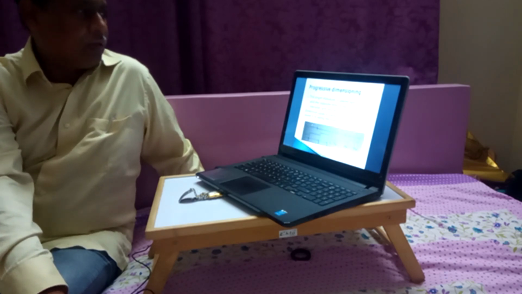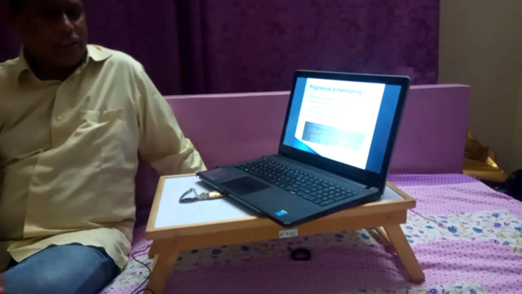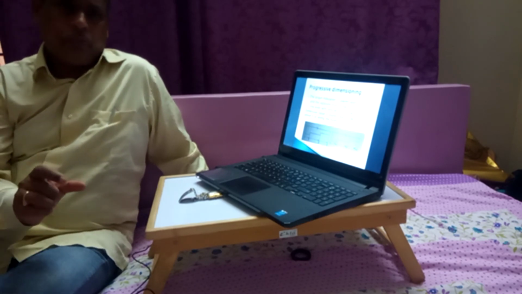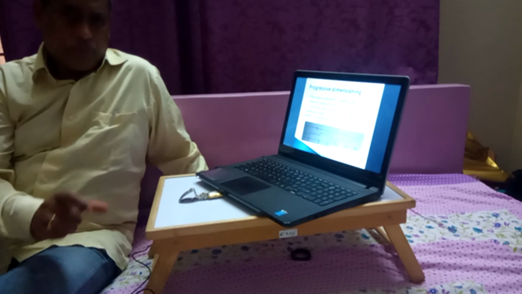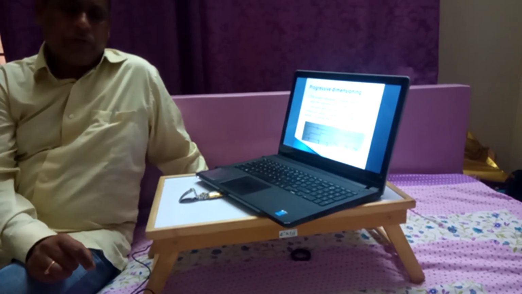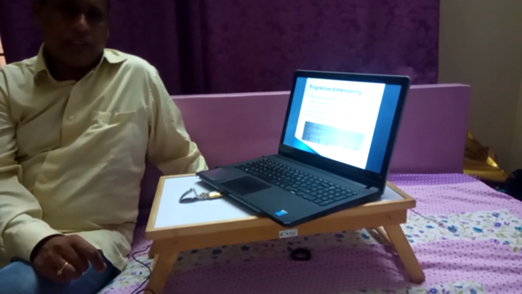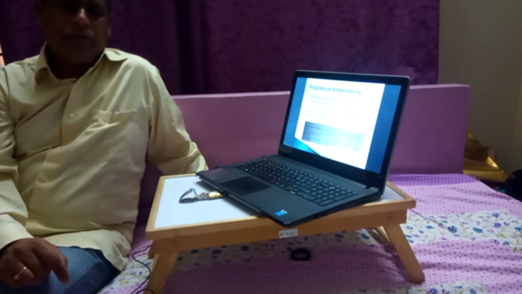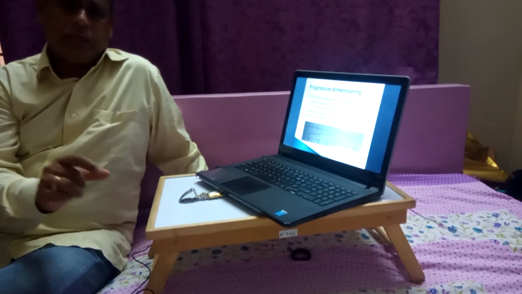Similarly, progressive dimensioning: instead of giving individual dimensions, the entire object is given the dimension progressively.